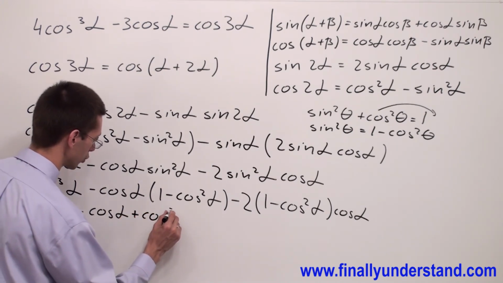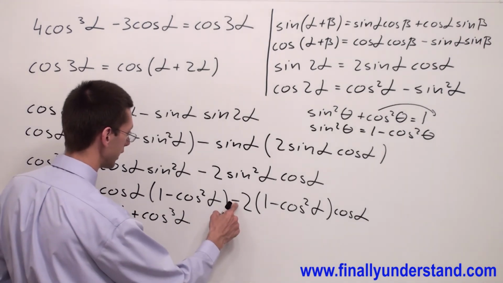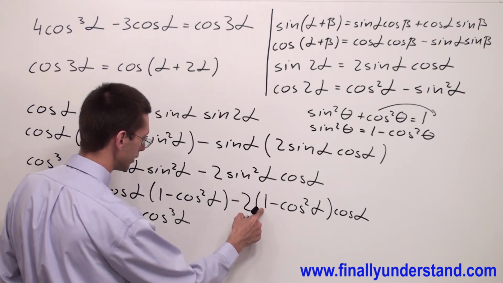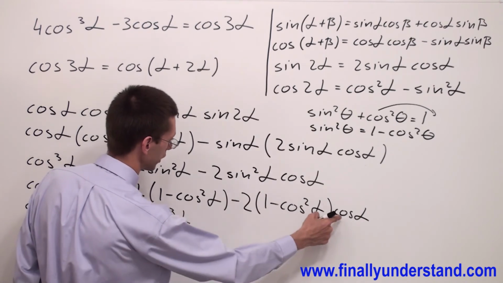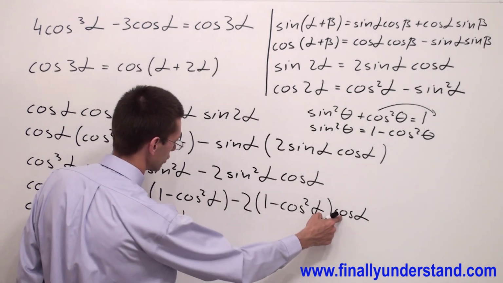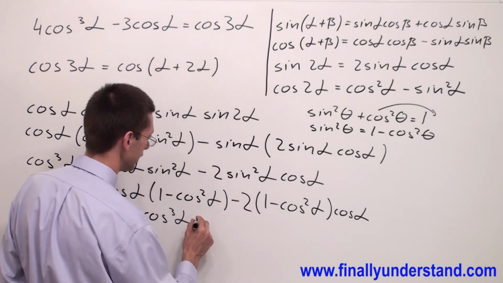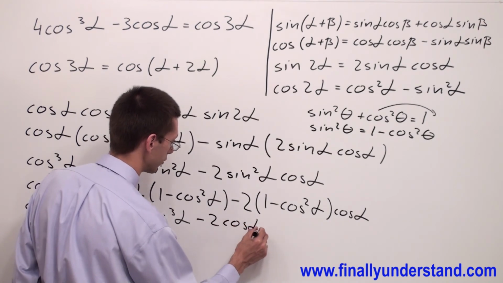cosine cube alpha. And I have negative 2 times 1 is equal to negative 2, and don't forget about this cosine. Cosine alpha times negative 2 gives me negative 2 cosine alpha.